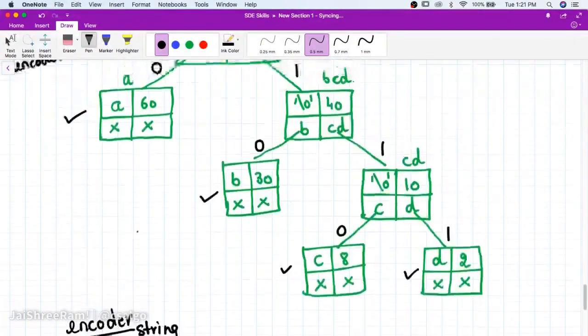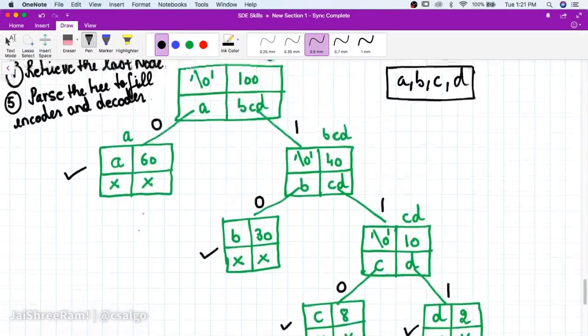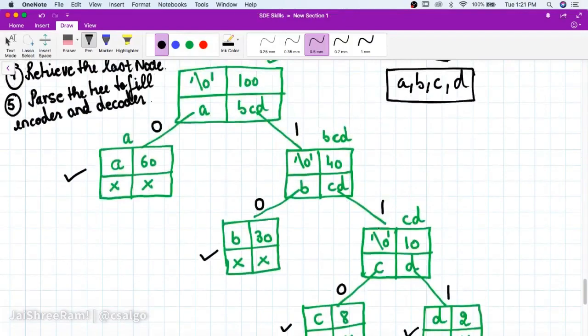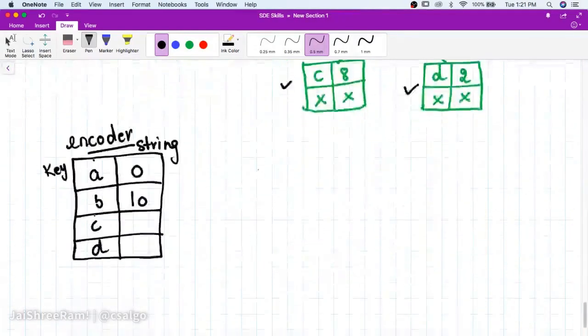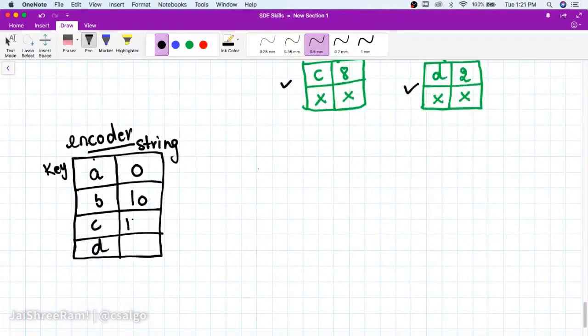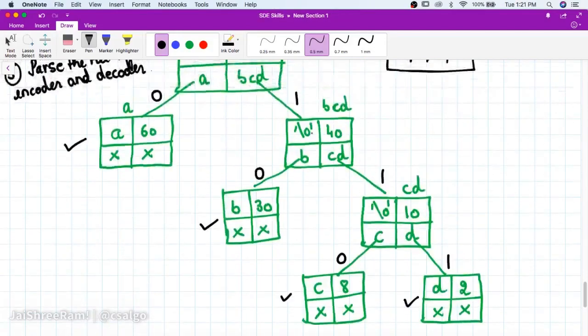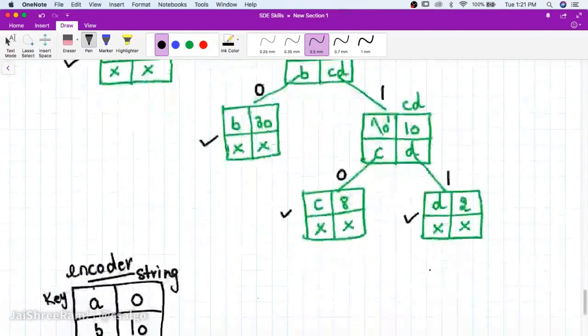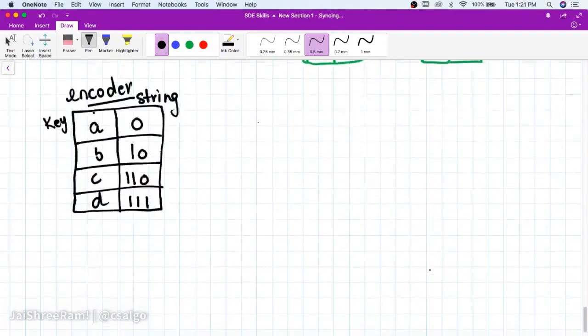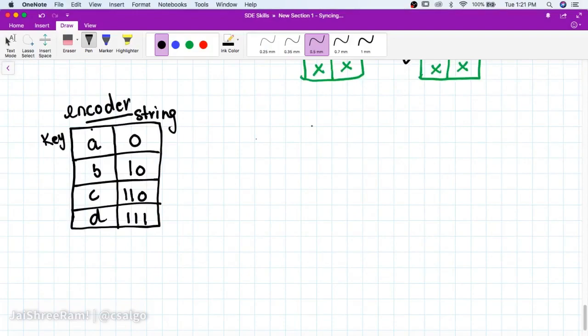For C, we will have 1 1 and then again 0. And for D, we will have 1 1 and 1, to reach the D node. So this is how my encoder will look. Similarly, my decoder will look like this.